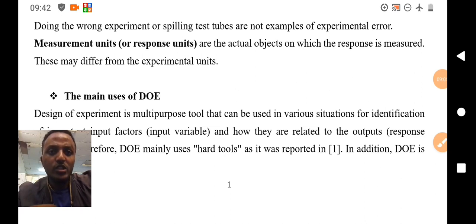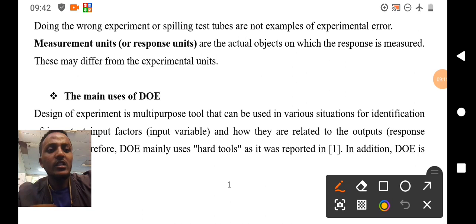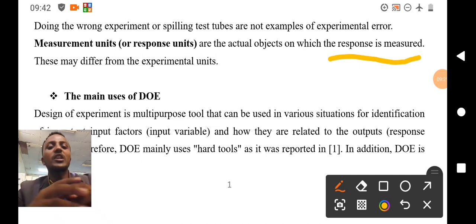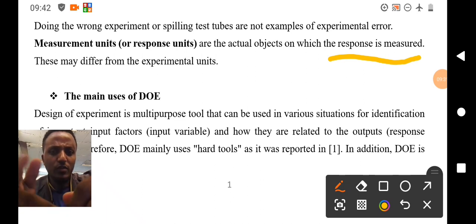So measurement units or response units are the actual objects on which the response is measured. Here, basically, what responses there are and how they are measured, that's measurement units. This is a basic thing. For example, percentage, or some volumetric measurements, or quantified measurements and qualified measurements.